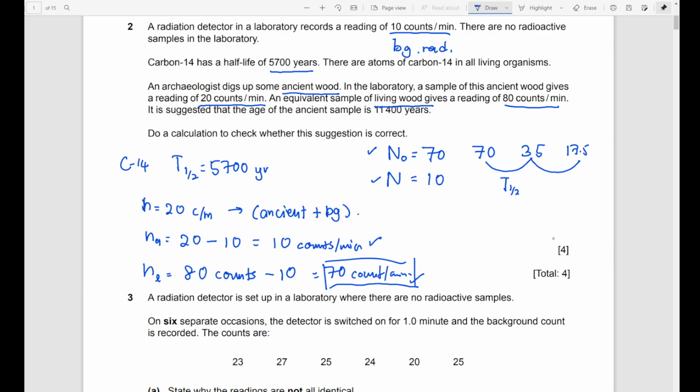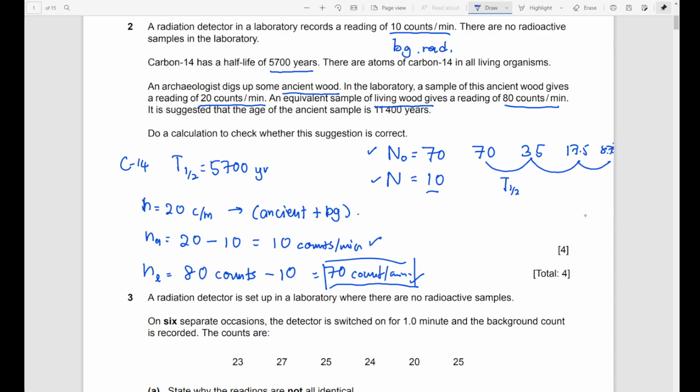So the reading after a few years, the one that we want to investigate for the age of the wood, is 10. So we try to get to 10. From 70 and 35 and 17.5, we cannot divide to produce exactly 10. But what we can do is divide this number 17.5 by 2, so we will get 8.75.